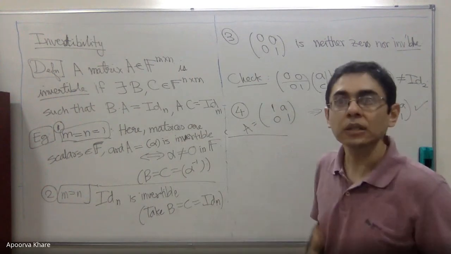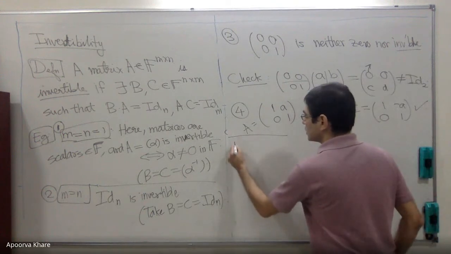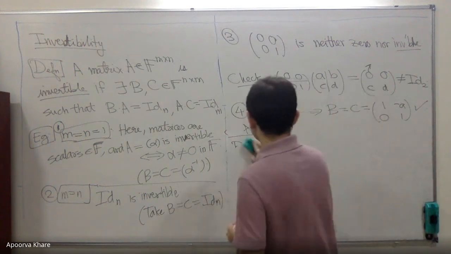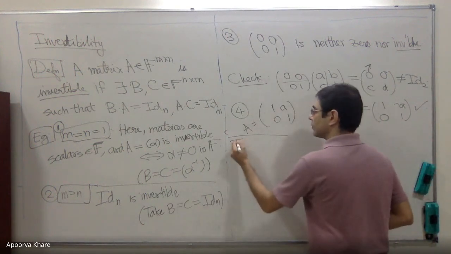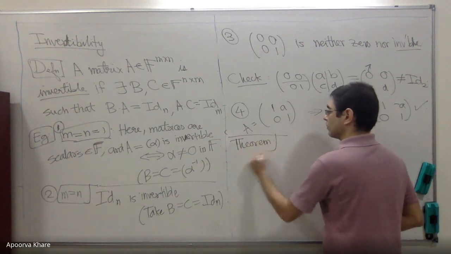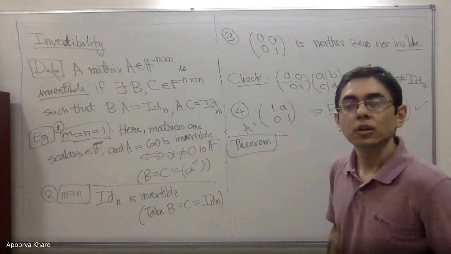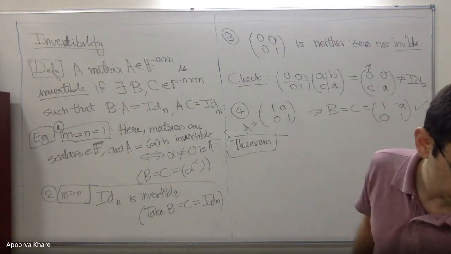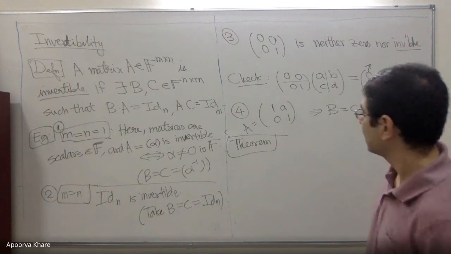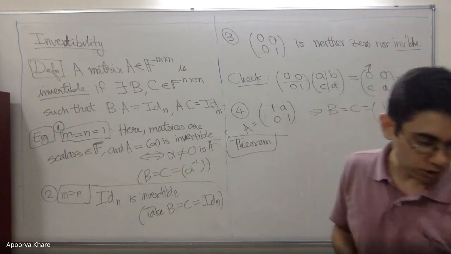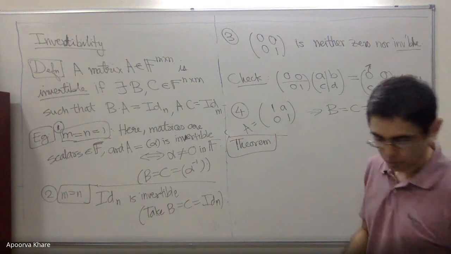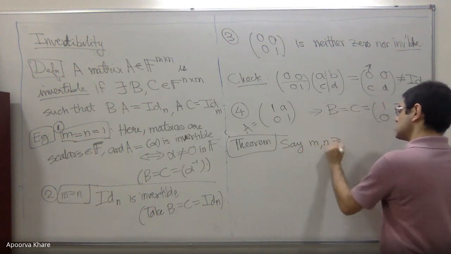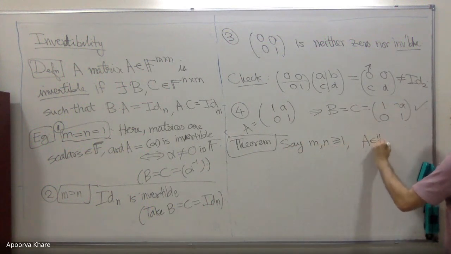So let's call this a theorem. Oh, I need a definition first. Fine. I'll write down the definition, then the theorem, and then we will talk about how the definition is useful in proving the theorem. So say m, n, and then A in F to the m cross n is invertible.